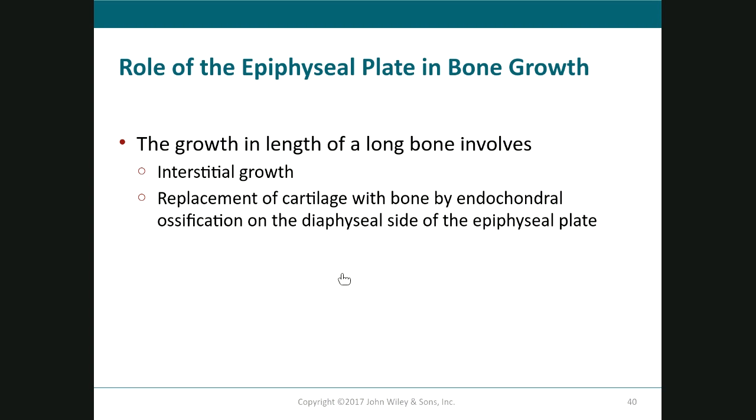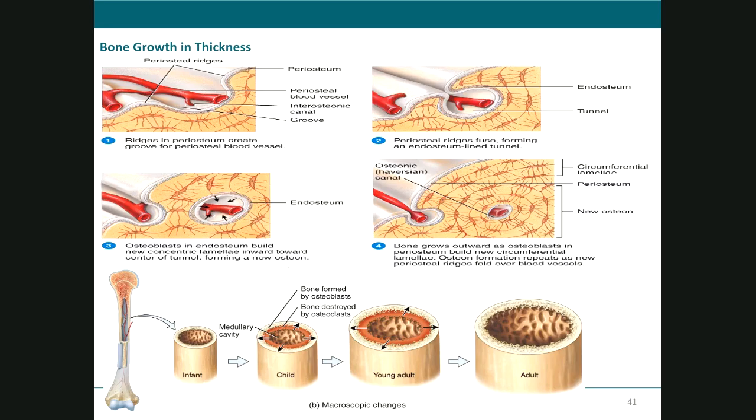So the growth in length of long bones involves interstitial growth and the replacement of cartilage via endochondral ossification on the diaphyseal side. Growth in thickness occurs on the areas of the periosteum.